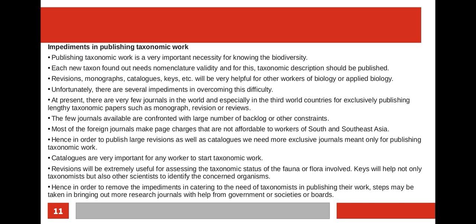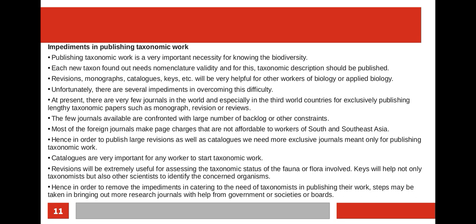Then, impediments in publishing taxonomic work. Publishing taxonomic work is a very important and necessary step for knowing the biodiversity. Each new taxon found needs nomenclature validity, and for this, the taxonomic description should be published. Revisions, monographs, catalogs, keys, etc. will be very helpful for other workers of biology or applied biology.